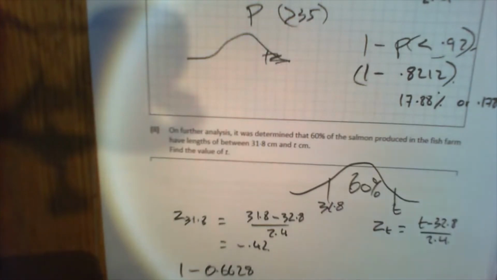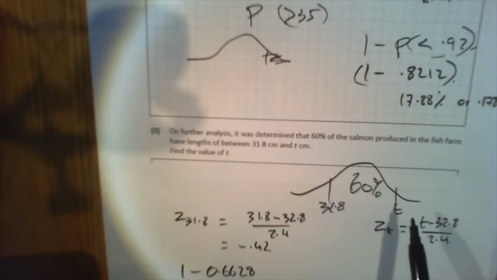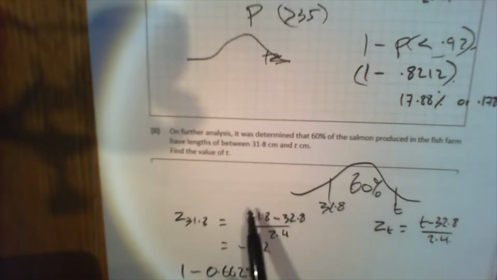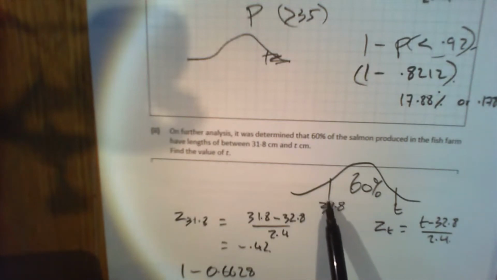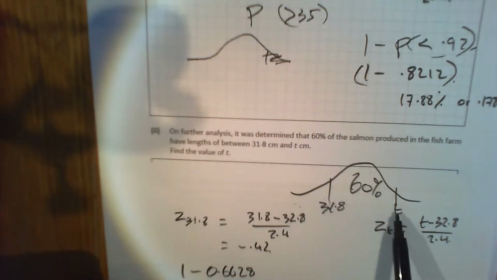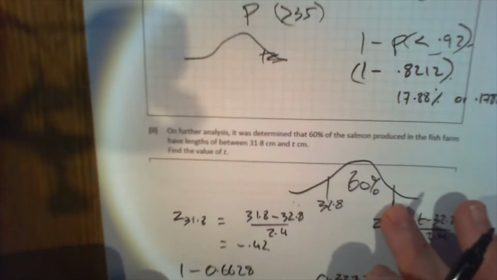Now, the other one is obviously going to be, so we're going to have to work out this other one. It has to be all that backwards. So it must be the 0.3372 and the 60 together. So 0.3372 plus the 0.6 must be the t-value.